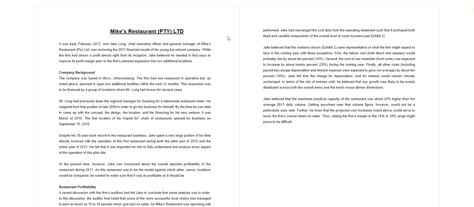And you'll see in the case that we want to explore achieving a certain profit target. We want to understand the current and future break-even of the business, and then create a plan where we can work towards achieving a profit target.